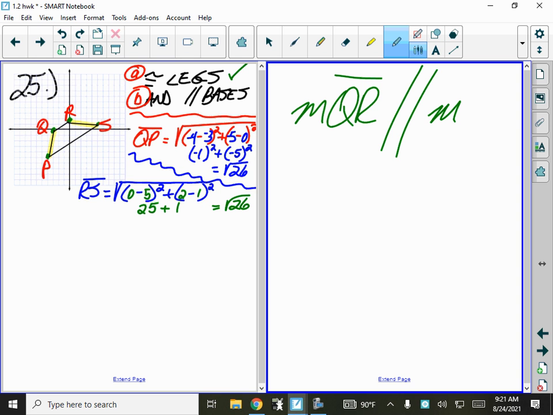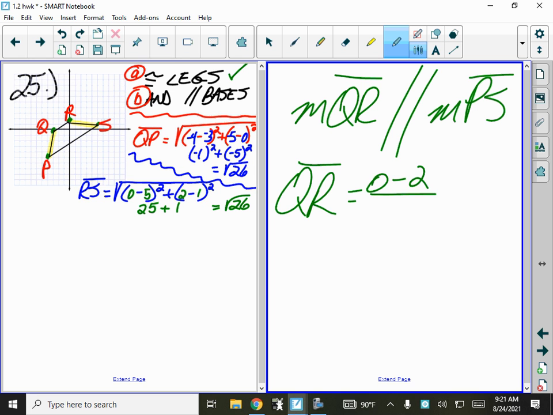And if that's the case, I have proven what I was supposed to prove. So QR, those are the second and third points. So now I got to put Y's on top. So I'm going to do the slope of QR. So it's going to be 0 minus 2 over -3 minus 0. Well, that's 2/3.